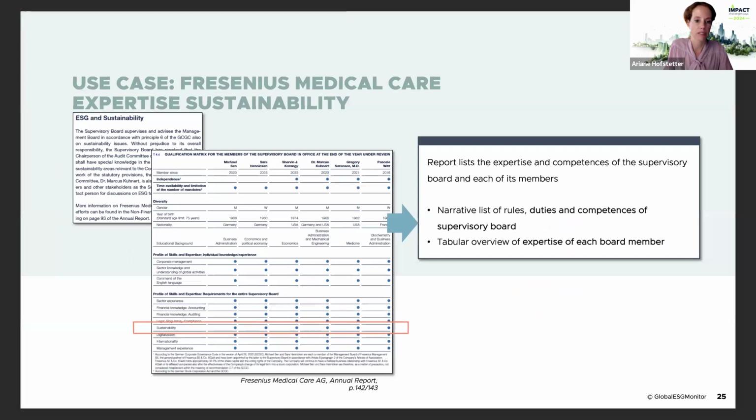You can see that both qualitative information is displayed on the upper left, and then this matrix in the bigger screenshot coming from page 142 and 143. And it combines narrative list of rules, duties, and competencies of the supervisory board together with a tabular overview of expertise of each board member. And this is a quite nice approach of following ESRS and structuring the information very well.